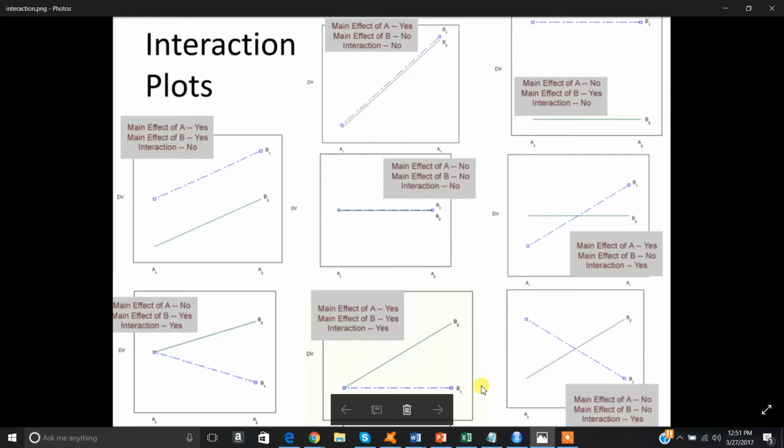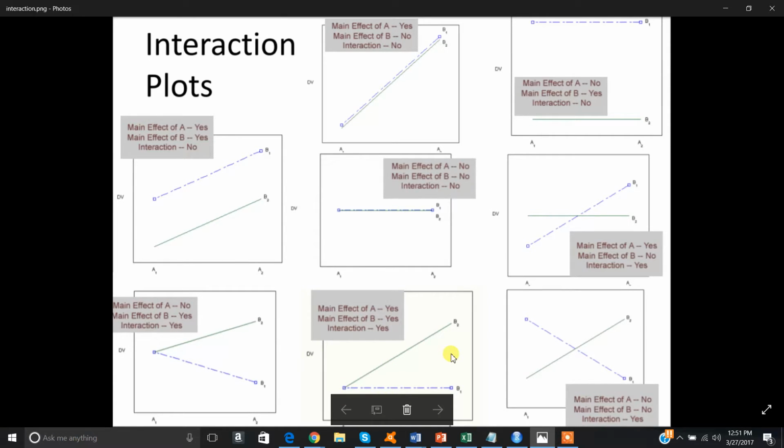Where's another one? This one's good. This one is just happy in every sense of the plot. There's an interaction term because the lines touch right here. If you extended these out, they would cross. This mean here at A1 is different from the mean, which would be right here, for A2.